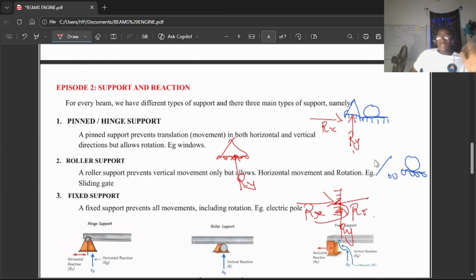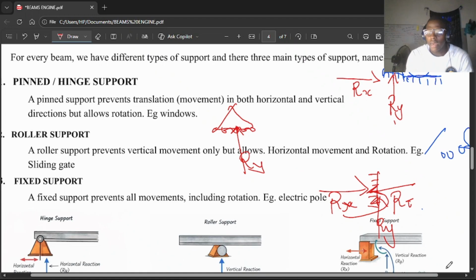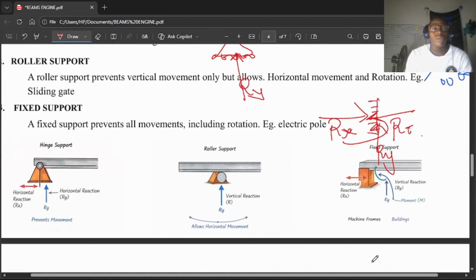Am I communicating? Now let's look at the diagram we have here. From what we have here, we can see our hinge support, and your hinge support prevents movement horizontally and vertically. We are seeing our reactions. Come to the next one, which is our roller support.